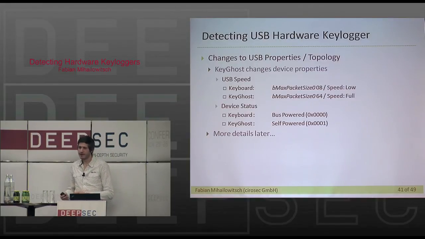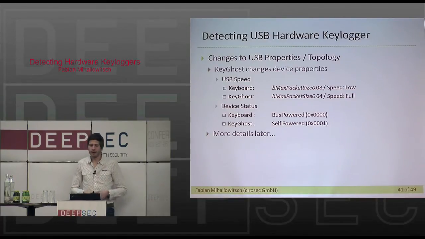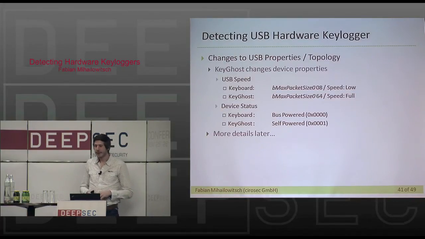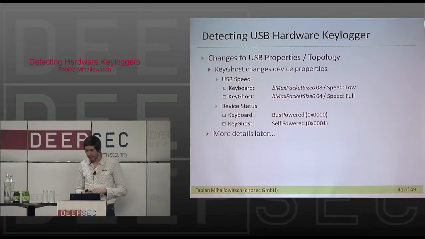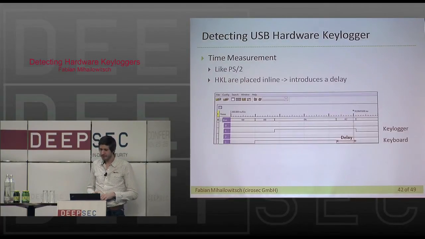Furthermore, the device status is changed. If only my keyboard is plugged in, it's bus-powered, which is correct because it is. If I plug in the key ghost, it suddenly says it's self-powered. Quite interesting for a keyboard, but okay. I will give you more details on this later on, why it actually looks like that.